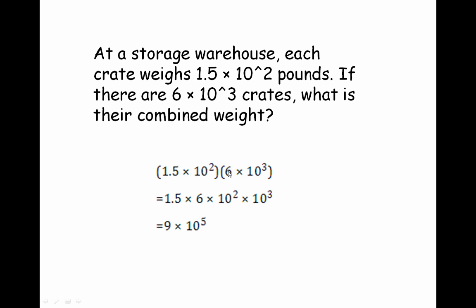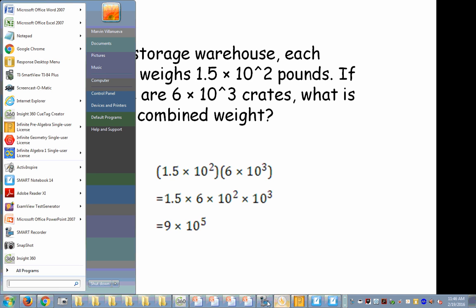So when you multiply your decimal, multiply your base 10, add the exponents. Just so happen that 1.5 times 6 is 9, and this is already in scientific notation. Okay? If you can just skip to the half-life of U and P, that's actually division.